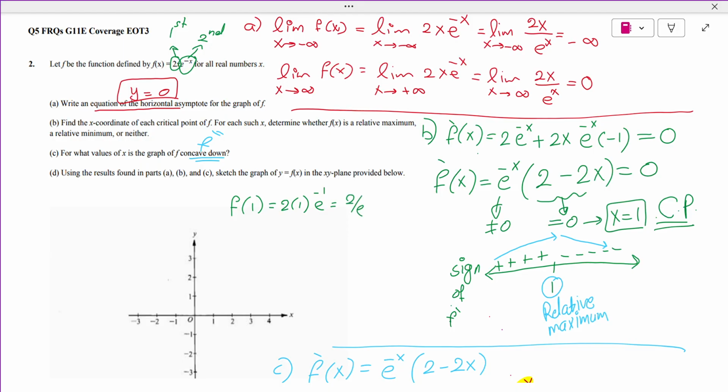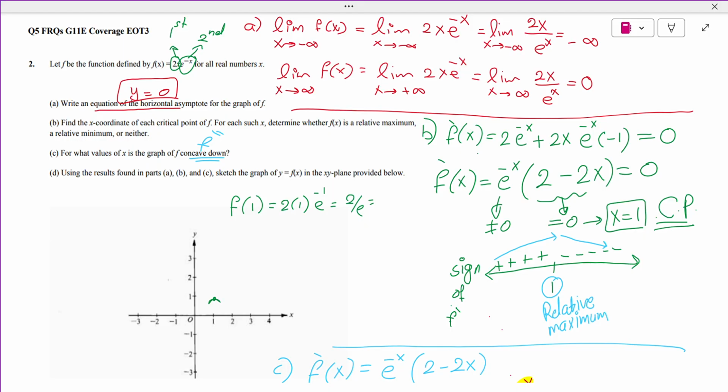So it is somewhere here. So 2 over e as a decimal, let me just double check, is 0.73, so it's slightly less than 1. It's somewhere here, right? So this is a maximum, right?